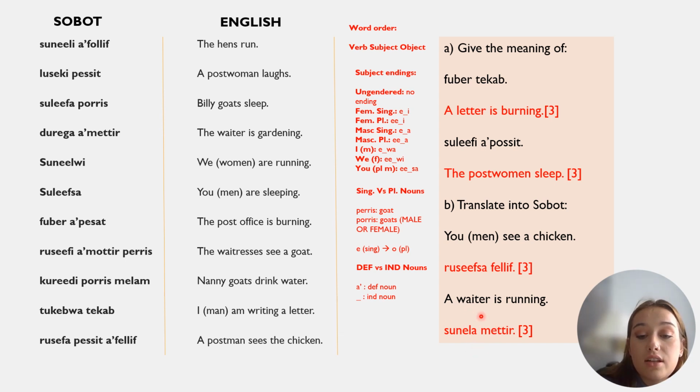And since the waiter is singular, it just has one E and not two E's. So that's why it has to be sunella. And then you find the word for waiter. So we find that in Durga Amete, and you take the A apostrophe off to make it indefinite. And then you get sunella mete. And that's the answer.